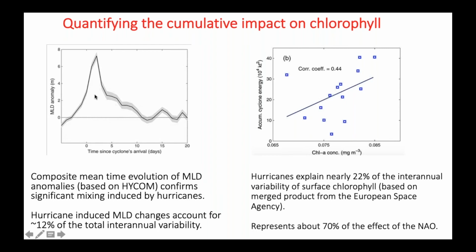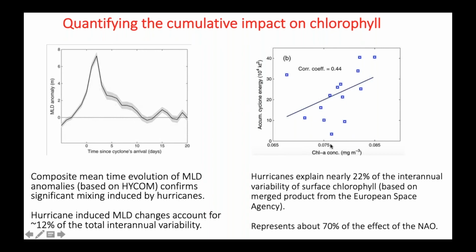To understand the impact of this deepening of the mixed layer on chlorophyll, we looked at the relationship between accumulated cyclone energy, which is a measure of the overall hurricane activity, which takes into account both the intensity of storms and also the duration of storms.